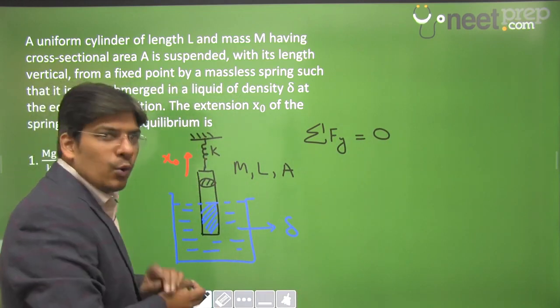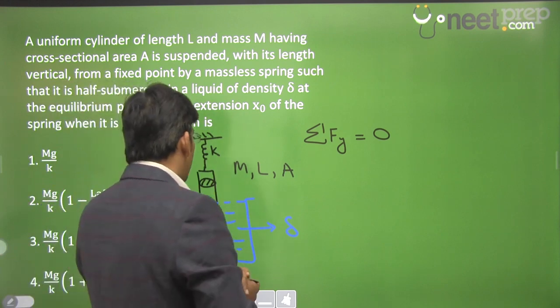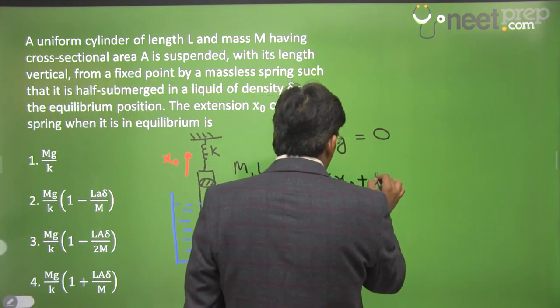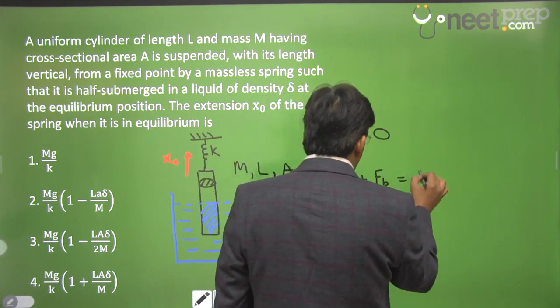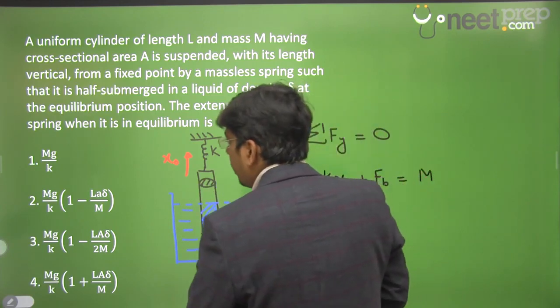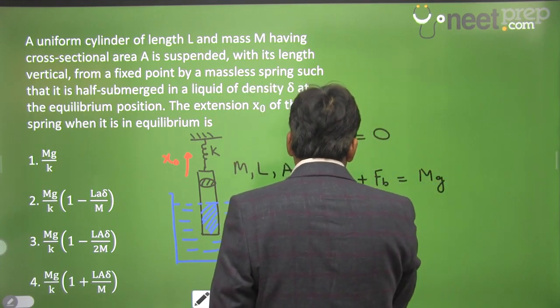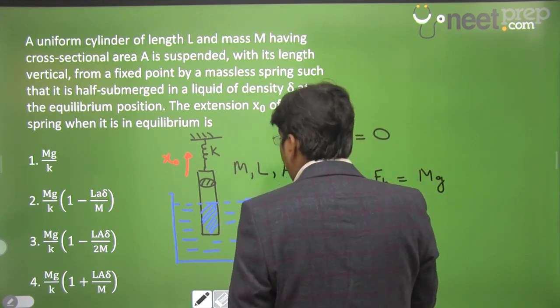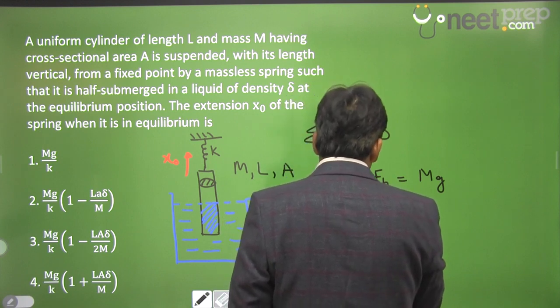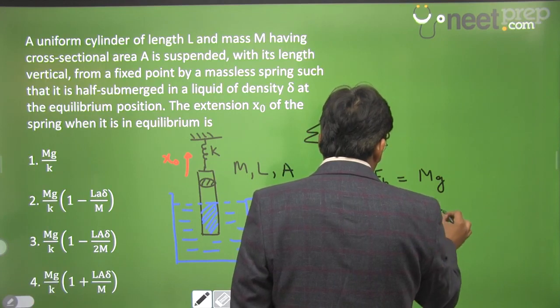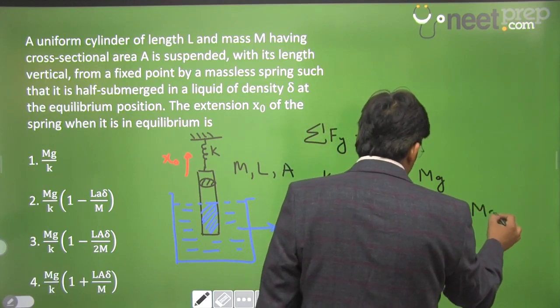Rather, this is a question of fluids, not of solids. Anyways, see, Kx0 of the spring is in the upward direction. Buoyant force is in the upward direction. Weight of the cylinder is in downward direction. Kx0 plus buoyant force, which is volume inside the liquid, that is area into L by 2, into density of liquid, which is mass of liquid displaced, into g, is equal to mg.